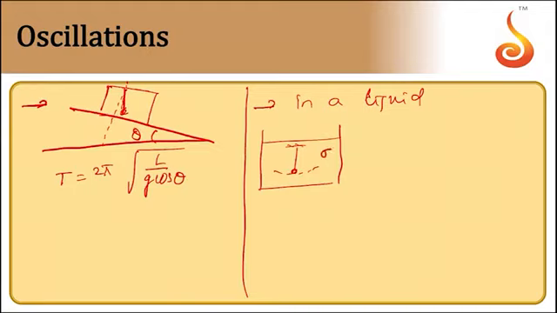The liquid is of density sigma, and rho is the density of the material of the bob. Then the time period is given by 2 pi root L divided by (1 minus sigma divided by rho) into g. Clearly, we need to take the upthrust and we need to simplify this one, right?